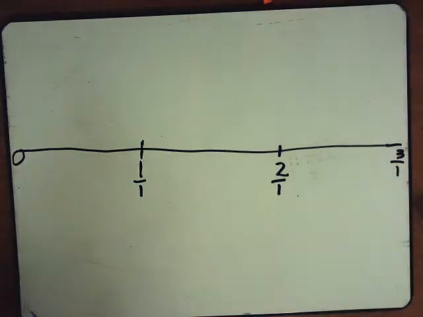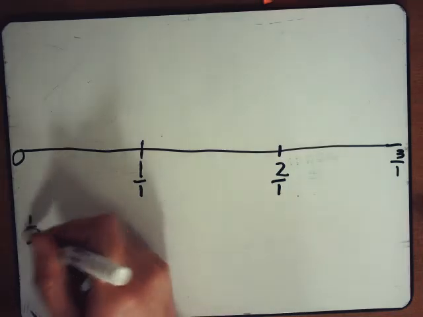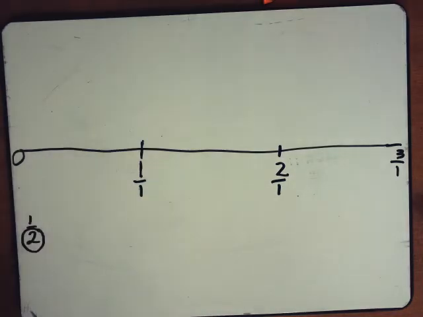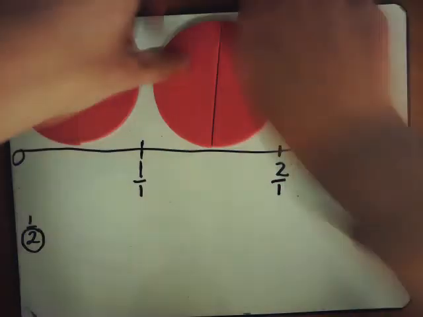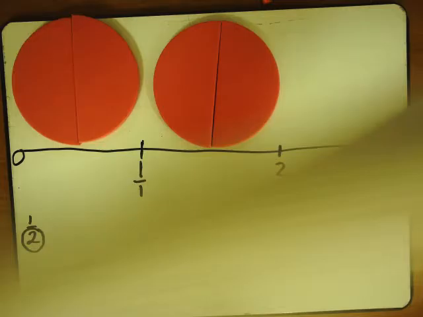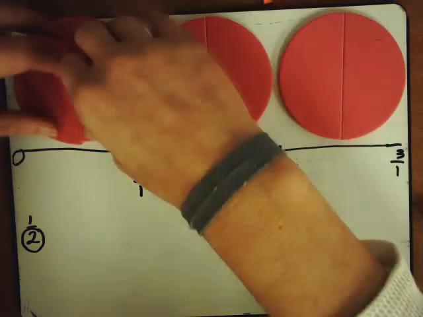If I were to ask where 1/2 on the number line is, I would have to break each whole into 2 pieces. Right? Just like a ruler on a number line.